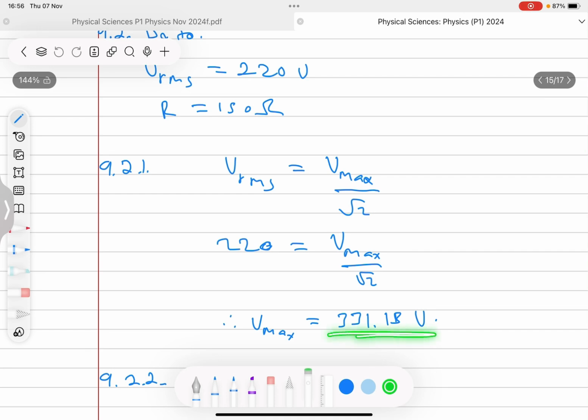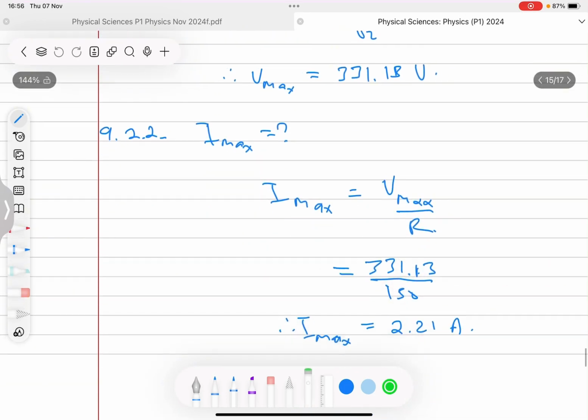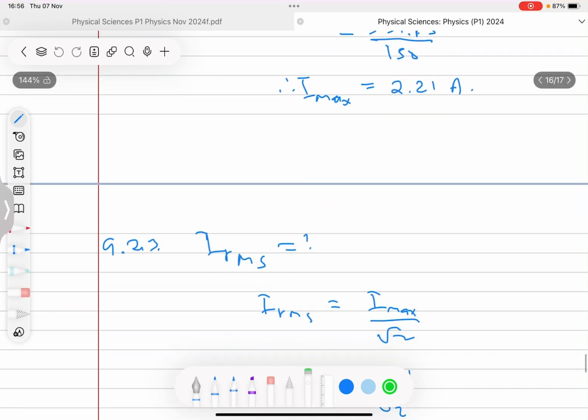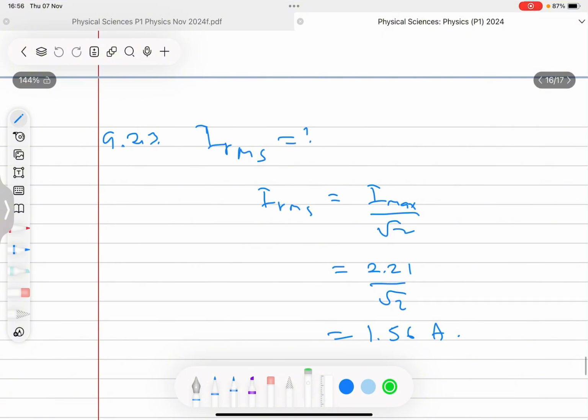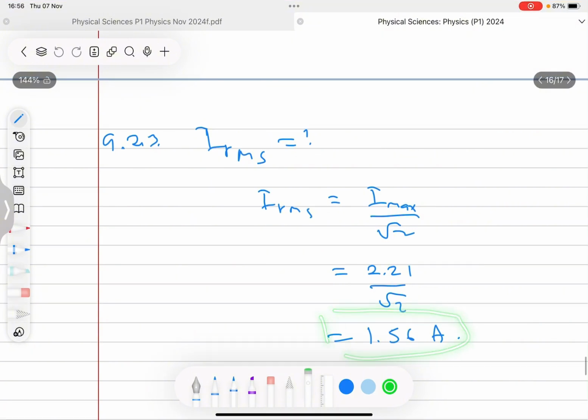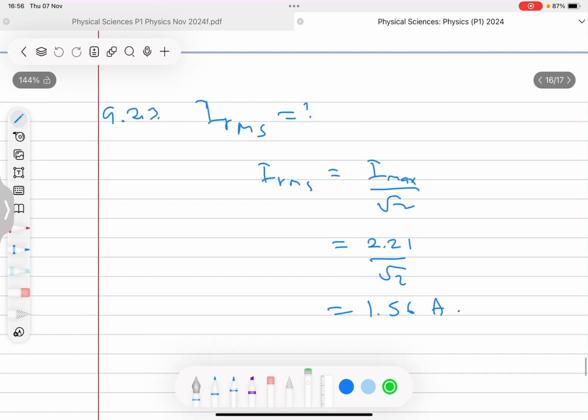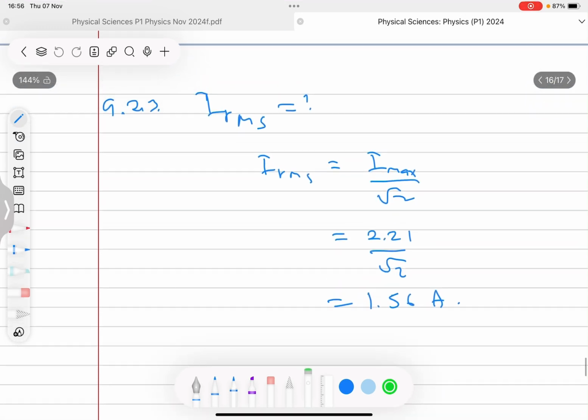So this answer looks great, and they're not that far. You can see that the average is 220, and the maximum can go up to 300. The same is true with our current. The maximum current is actually bigger than our average, which is 1.56. So that's how we know that this answer makes sense.